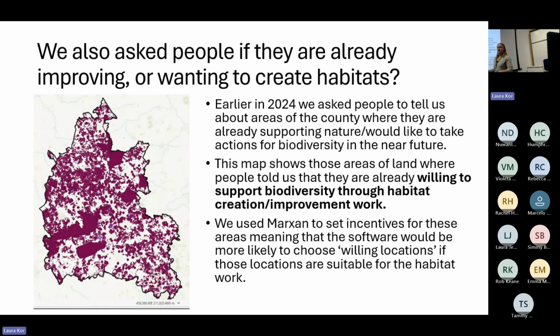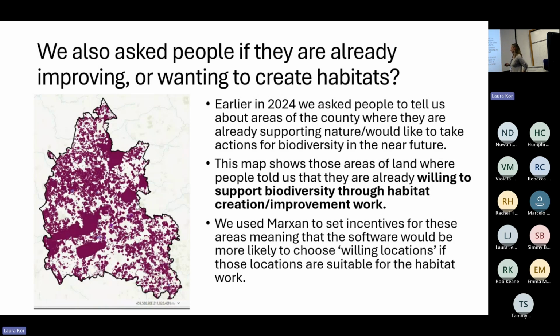We spoke to about 1,000 people in the early part of our progress. And that was workshops and surveys. And we asked people to tell us where they were already doing things or would like to do things for biodiversity. And those are all the areas of the county. And I was actually quite surprised at the extent of cover that we did get back. So what we did in those areas is we had a spatial understanding of willingness for support.